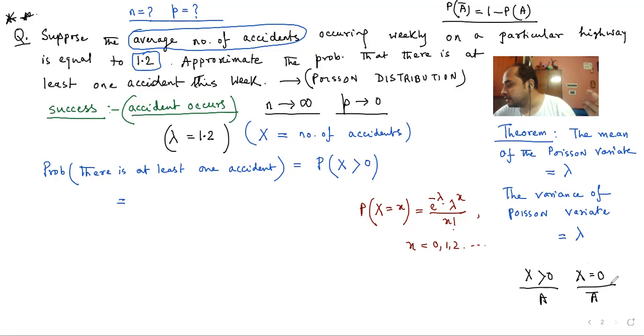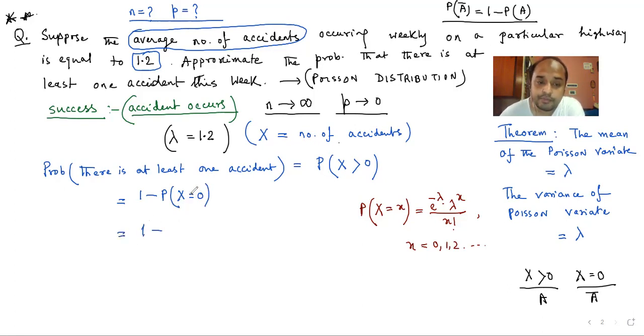Negative numbers cannot occur. How many times is the accident occurring? Minus 1 times? You cannot say this. So if x greater than 0 is my A, then x equal to 0 is my A bar. So you can write the probability of x greater than 0 as 1 minus probability of x equal to 0. Very easily you can do this, and then you can put 0 in this particular formula.